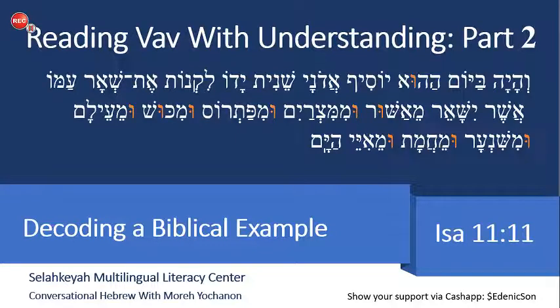The next set of vowels flashing are going to be vowels that make something like the O sound. All of the vowels you see that are flashing green make the O sound. This is your Holam vav.